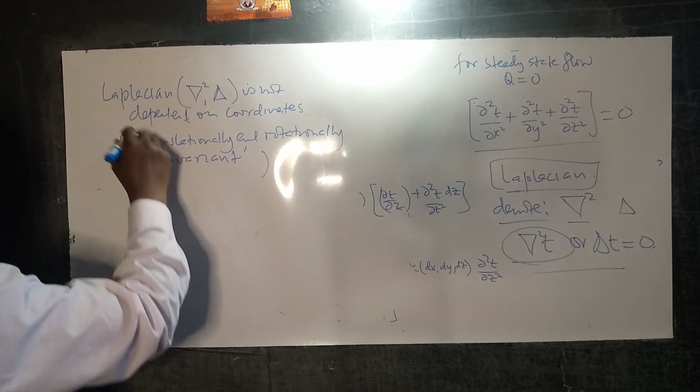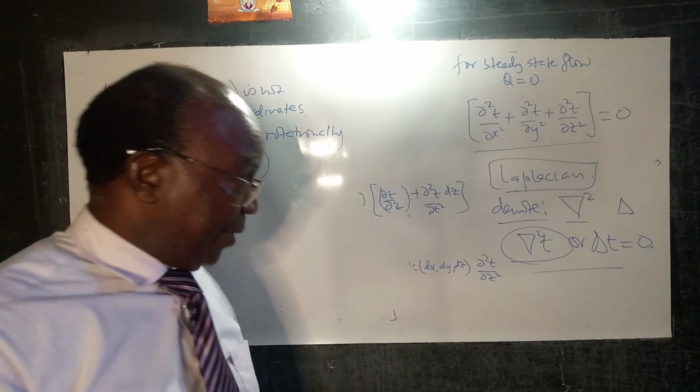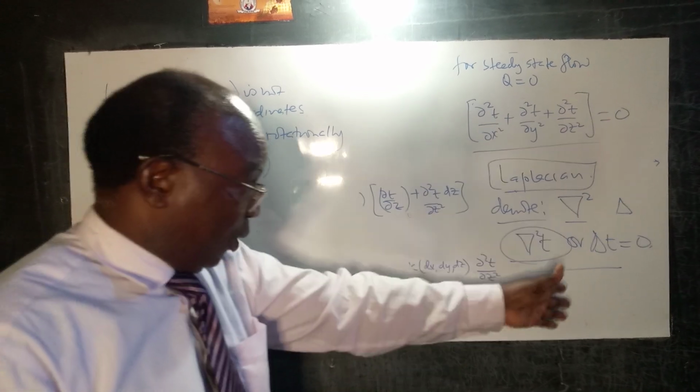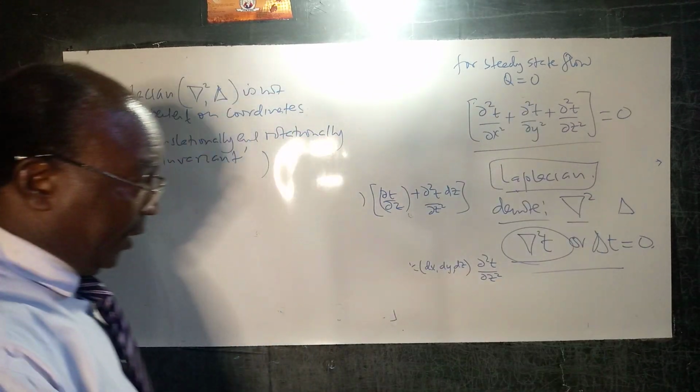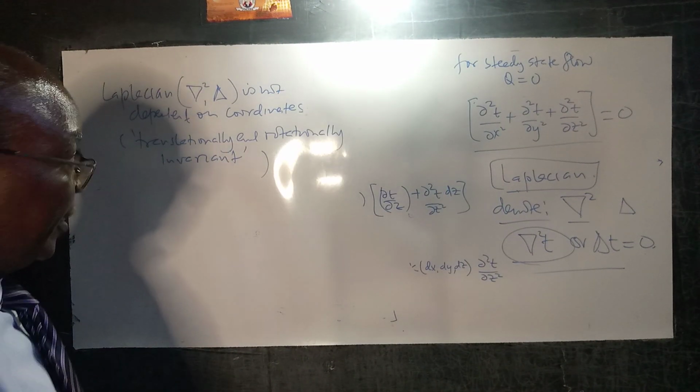We say it's translationally and rotationally invariant. So the Laplacian for the temperature there, which has to do with the heat, is actually 0, as you see for the steady state.